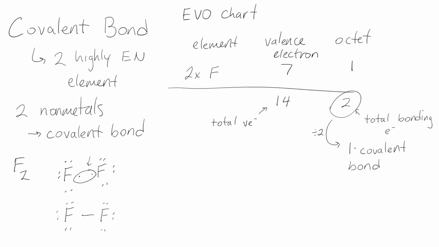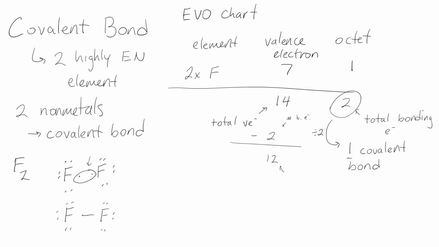That's useful information, and we can always rely on that for our molecules. Since this is the total number of valence electrons, if we subtract off the number of bonding electrons, 2, we get the number 12.